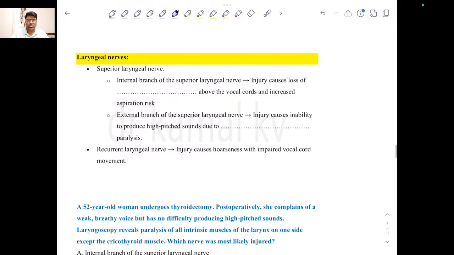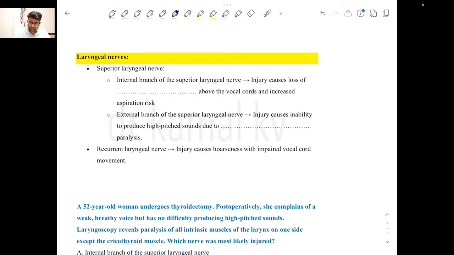Now, continuing the topic and taking the laryngeal nerves, we just discussed that the external branch of the superior laryngeal nerve is supplying cricothyroid, which makes the vocal cords tense or elongates them and produces the high pitched notes.